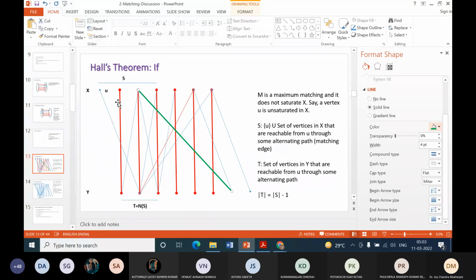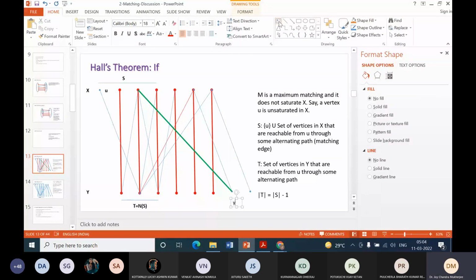If I give this vertex the name Y, and I give the name of this vertex as V, the question is, can VY exist? अगर T not equal to Ns है, definitely VY may exist. The answer is no, VY cannot exist.